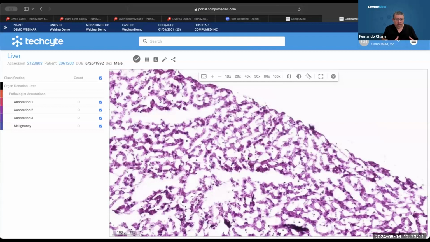Not going too thin, and not going too thick, because the superposition of cells at 6 or 7 microns is just not good to isolate these layers of cells, and they will be superposed to each other. And yes, you're probably going to get better isolation of cells at 4 microns, but you're also going to face the desiccation.